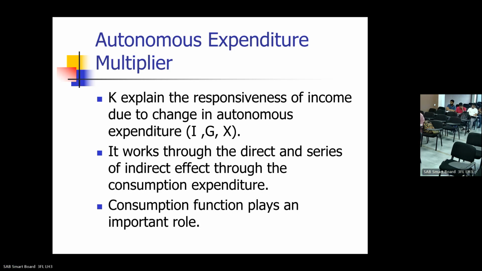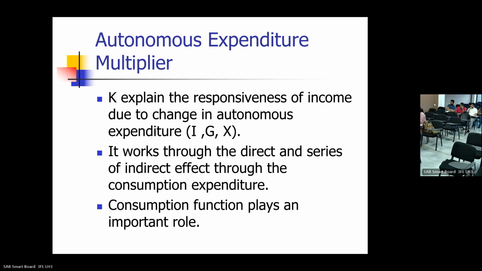Now, to take the imports, delta Y with respect to change in the imports, so minus delta M. Delta Y over delta M equals minus 1 over 1 minus C1 plus M. Negative, right? The import multiplier is negative.